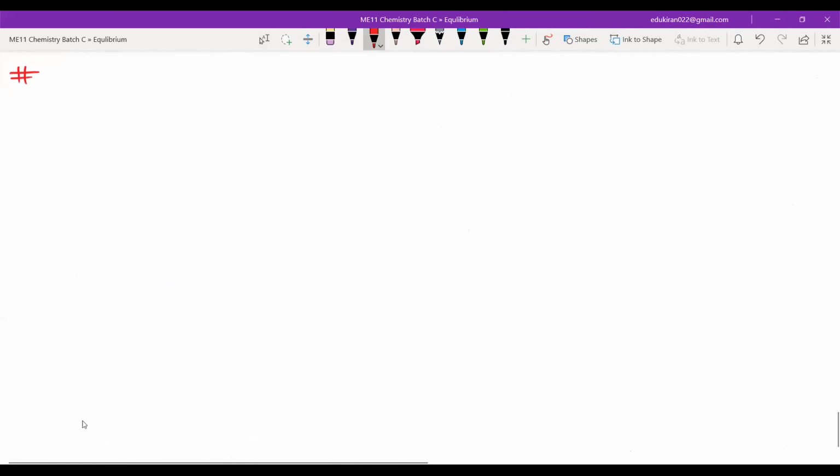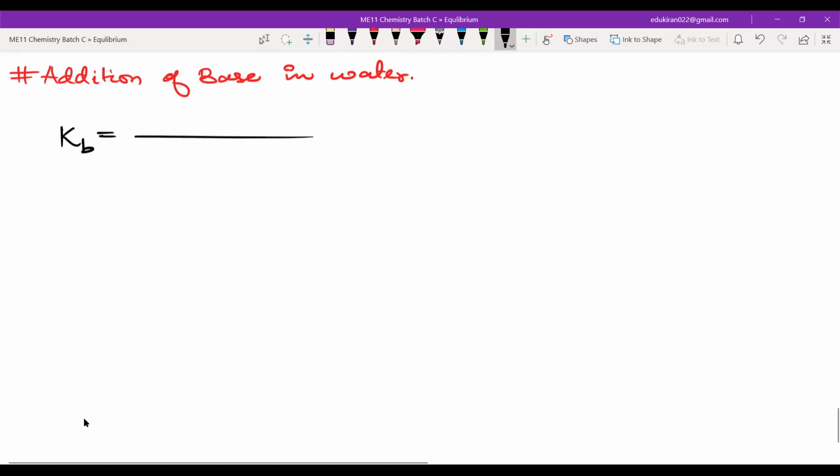Here we will be having Kb, and this will be equal to what? Kb will be equal to the concentration of OH negative times the concentration of base.